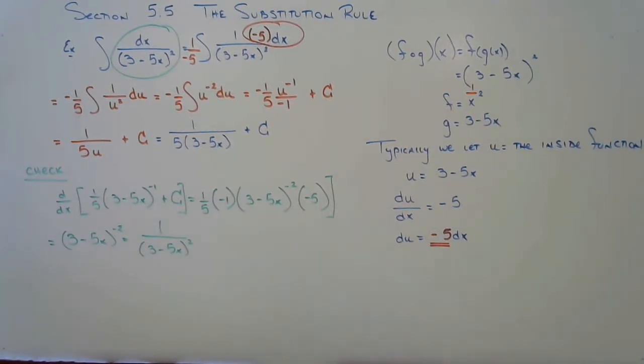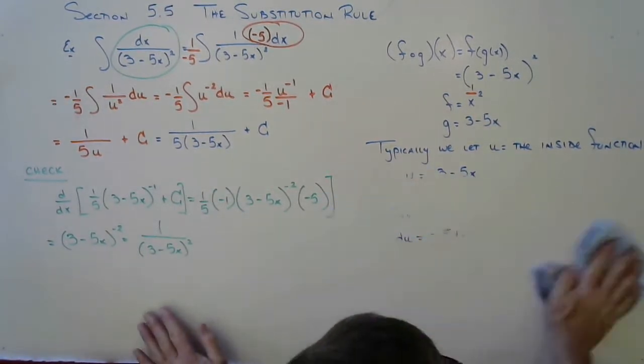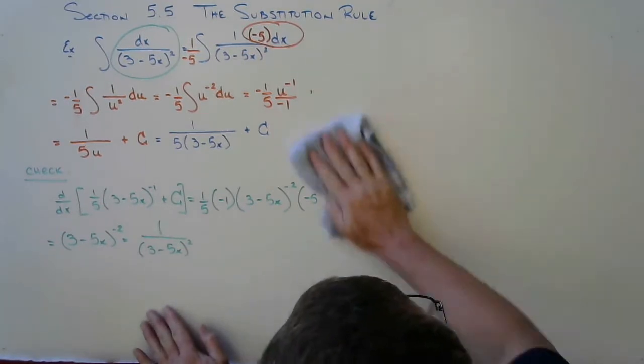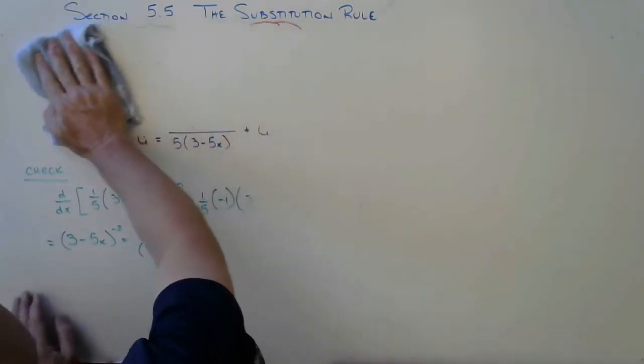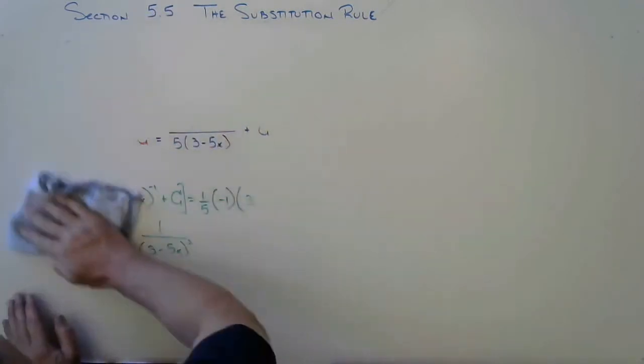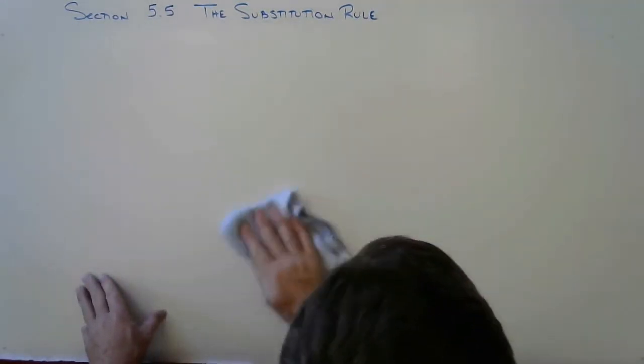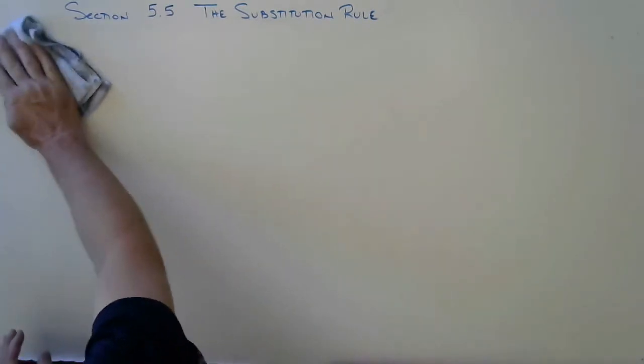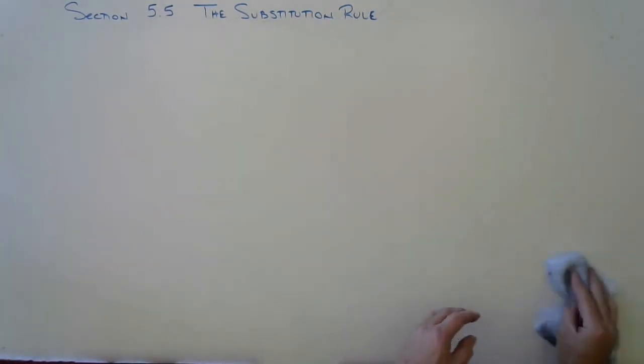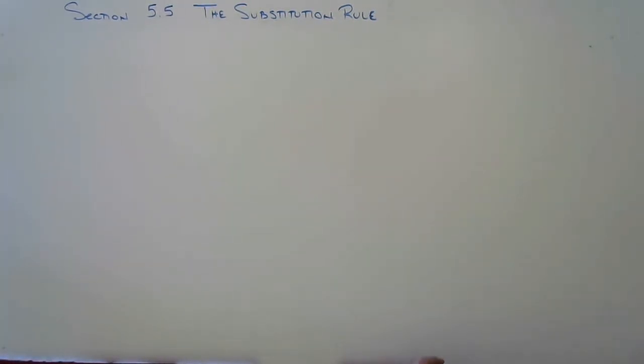So I'm going to do an example right now that's still a u-sub. It just looks a little different. It's a classic problem. It's another type of integral that U-substitution will solve for us.